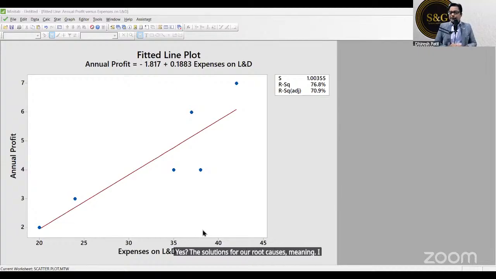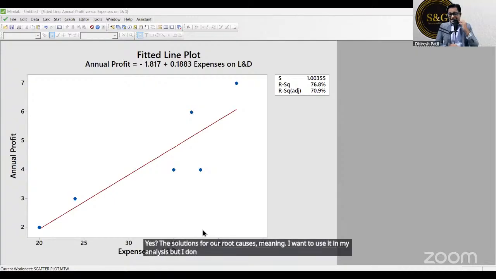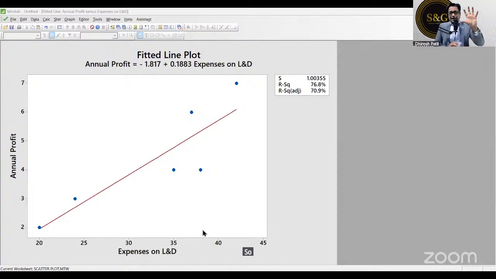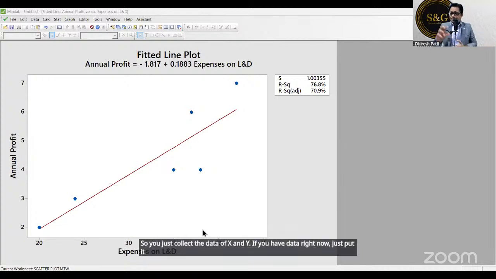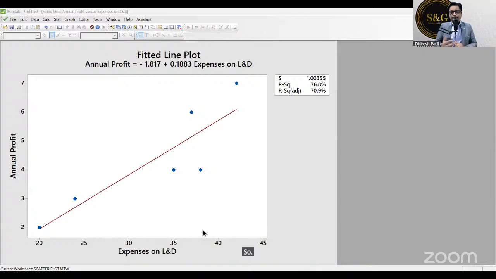I want to use it in my analysis, but I don't know how to use it. This regression you are saying. So you just collect the data of X and Y. If you have data right now, just put it right now and paste your analysis in the chat, or you can just put it on the mentor's number as well.